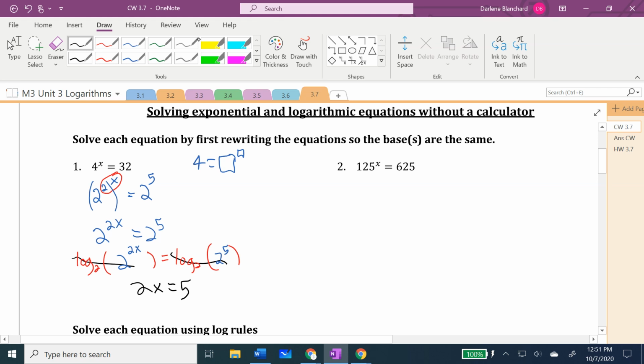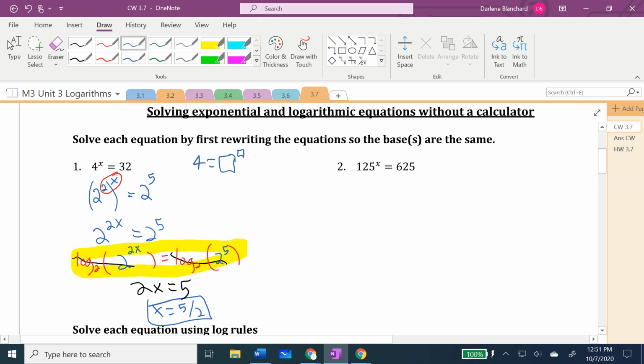You do not at all need to show me this step. I just wanted to point it out to you. Because when we solve our log equations, I'm always bringing in the inverse, so seeing this might help a little bit with that. Might help, might not help. But we end up with 5/2.